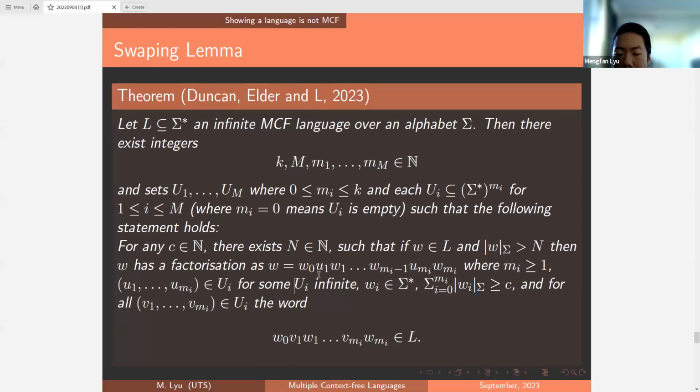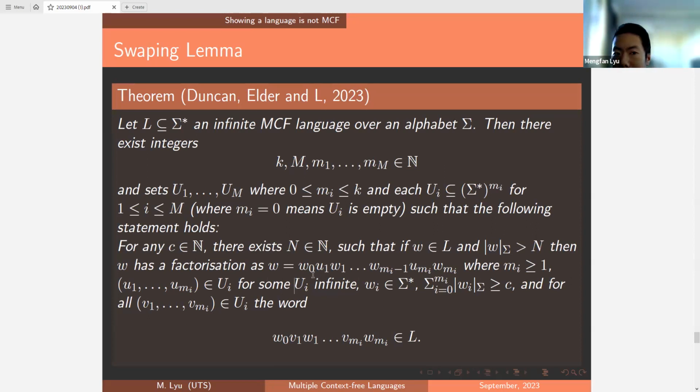We can do this swapping to show that every word w in this language which is long enough, we can cut it into several parts, and then do some swapping. For any words generated by this swapping, the new word is in this language. The difference between our lemma and the original pumping lemma is that in the original, we just pump u1 up to uk by a power of n.